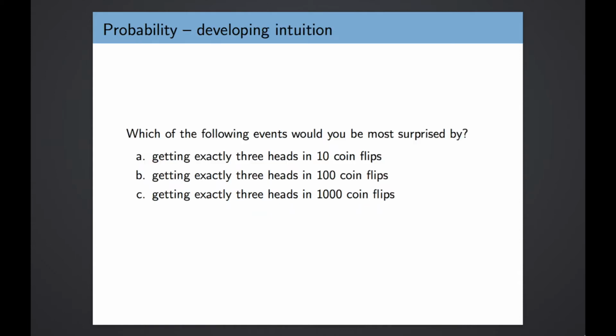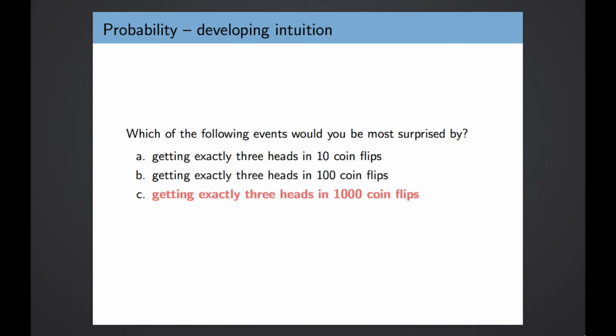We have a lot of intuitive ideas about probability, so let's talk about an example of something like that. Which of the following events would you be most surprised by? Getting exactly 3 heads if you flipped a coin 10 times, getting exactly 3 heads if you flipped a coin 100 times, or getting exactly 3 heads if you flipped a coin 1,000 times.